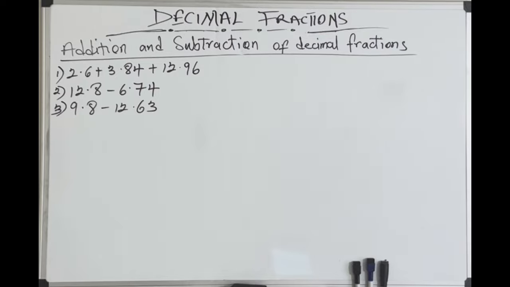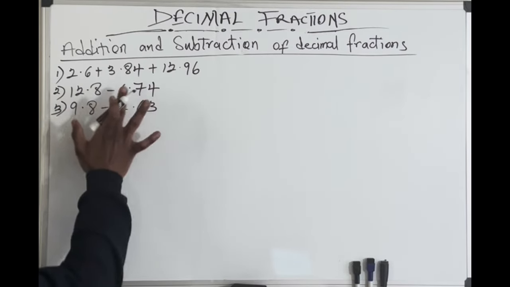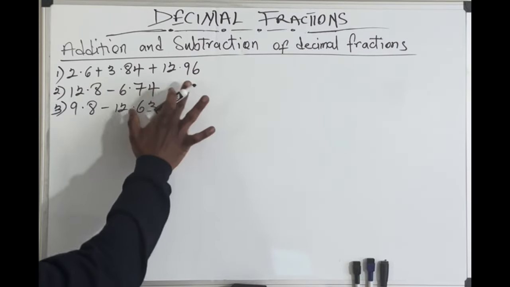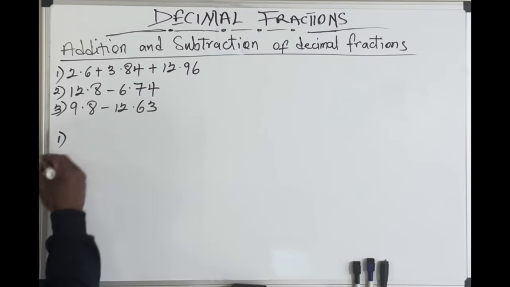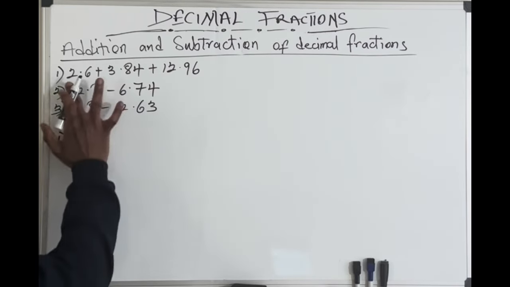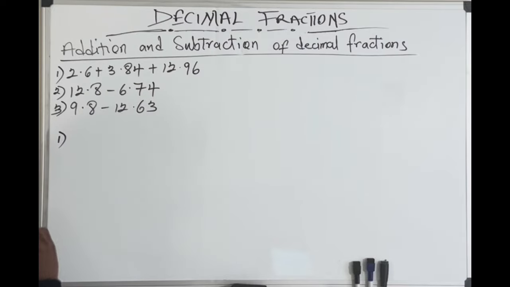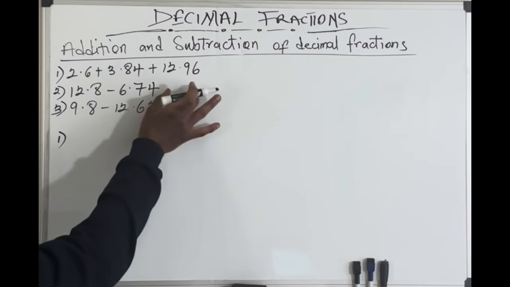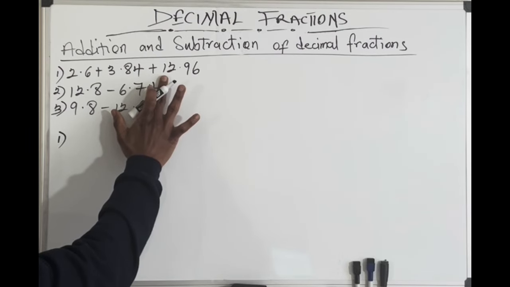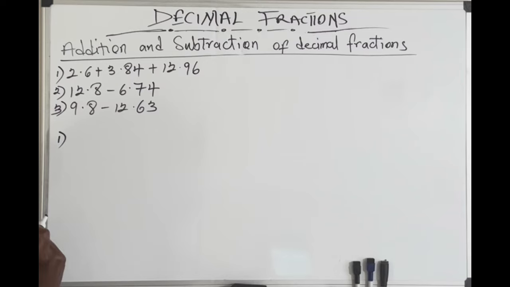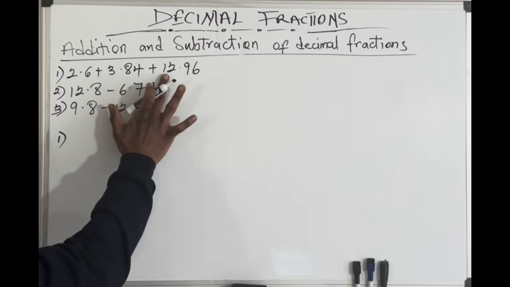Okay, so there are three examples left. With the first example, 2.6 plus 3.84 plus 12.96. The first one, always bring the number that has a lot of whole numbers in it, and then the rest will continue. That will be very easy for you. So we have a whole number of 12.